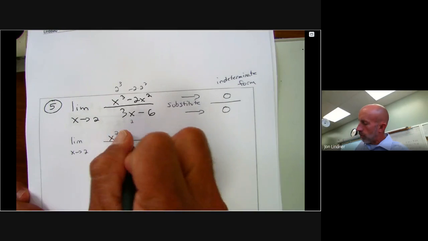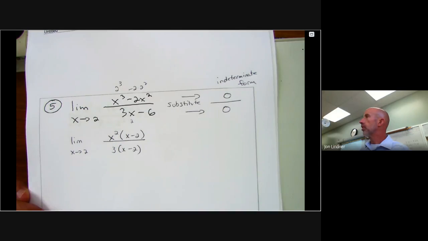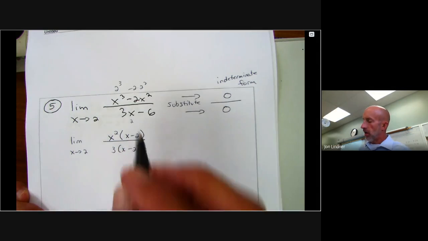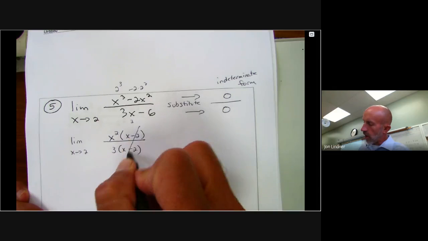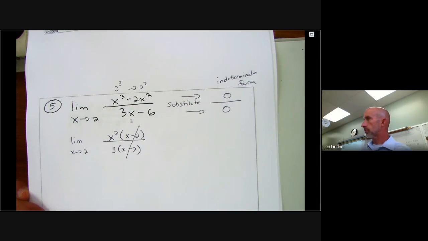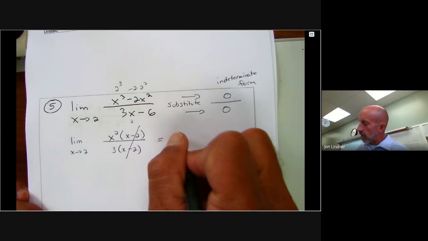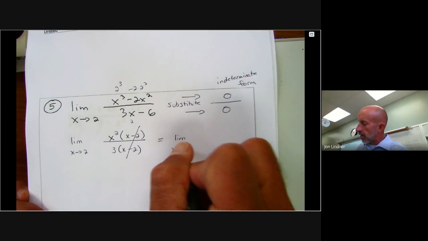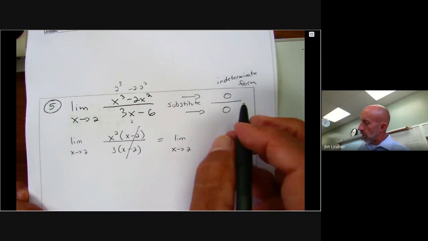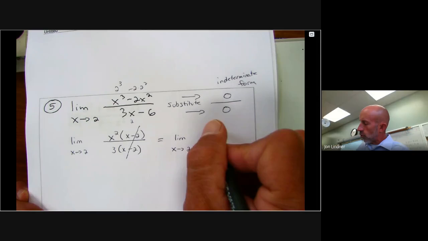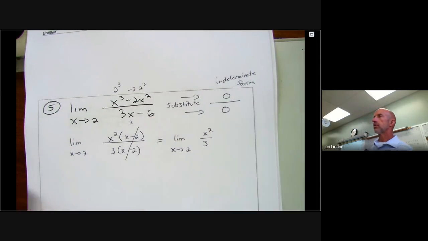And I would be left with an x minus 2. And these go away. And now I can evaluate the limit as x approaches 2 of x squared over 3.